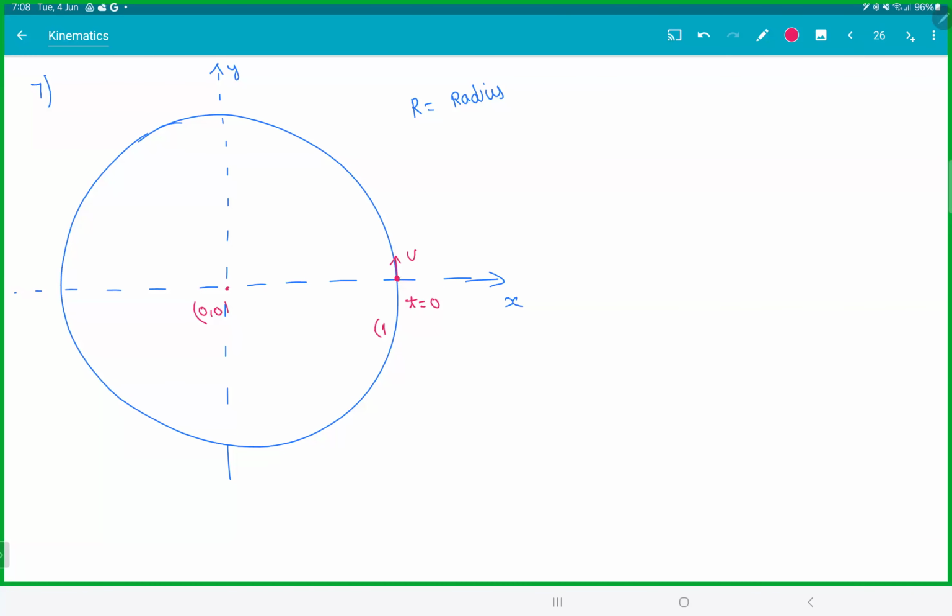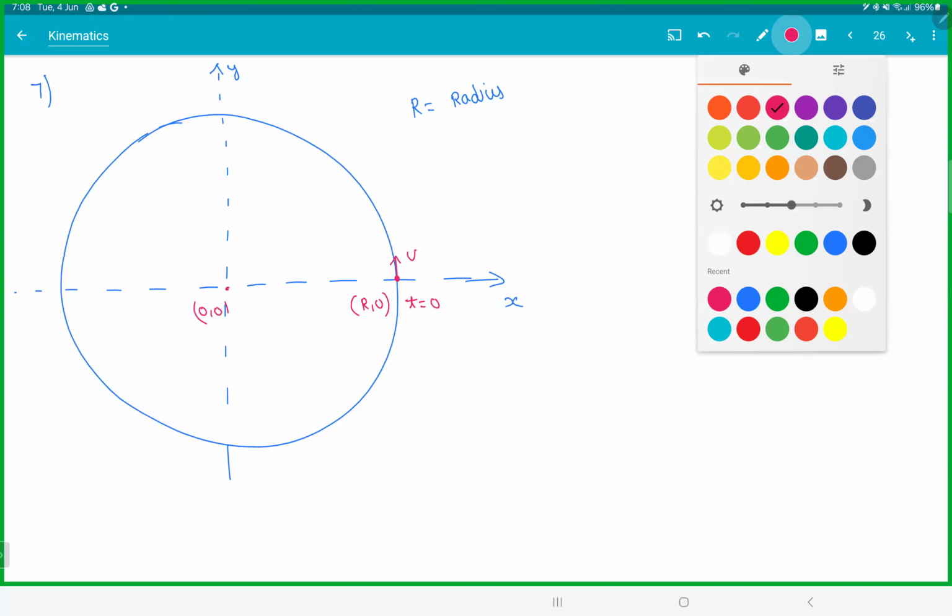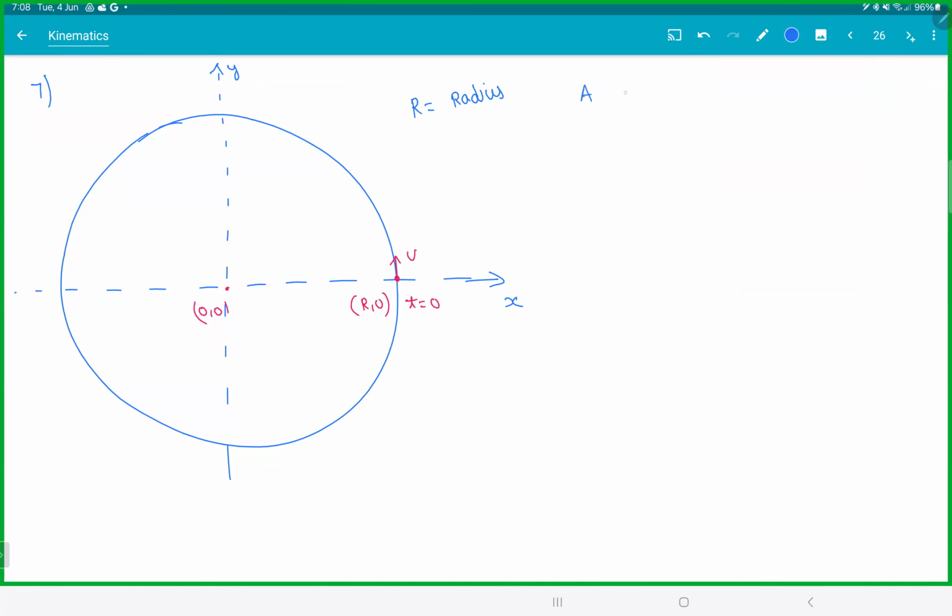And so basically this point is r, 0, the initial point. A particle goes in a circle of radius r with speed u. Constant speed u.